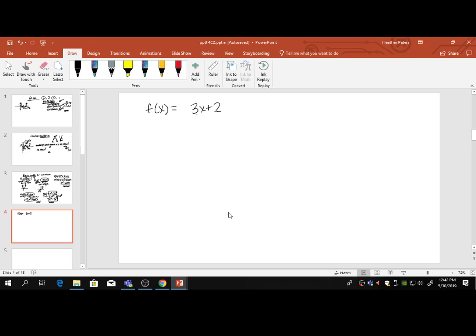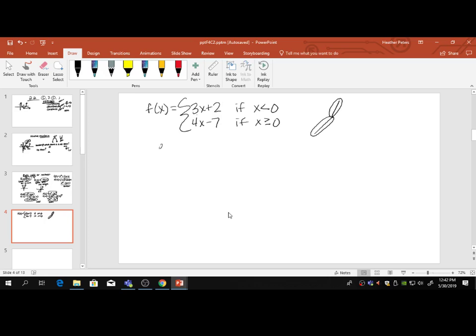So let's say it's only this function if x is less than 0, but then it's this function if x is greater than or equal to 0. So you're kind of going to have two lines, maybe something like this. So it's one of the equations for a certain point, and then another equation from there on out.